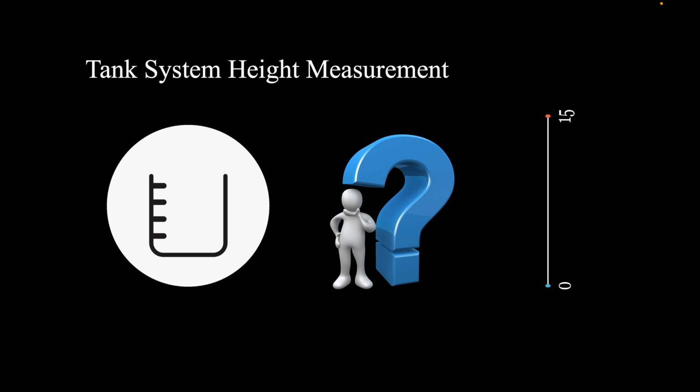So if you want to divide the height of the tank into multiple segments based on how many liters you have inside the tank, the liquid or the water, then you need to divide this entire length into multiple segments.